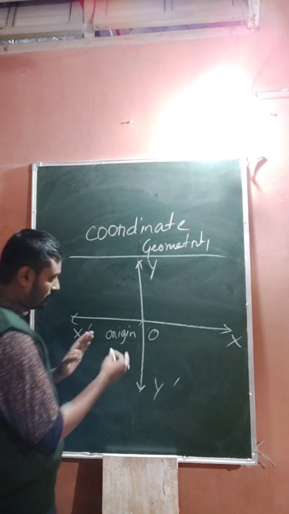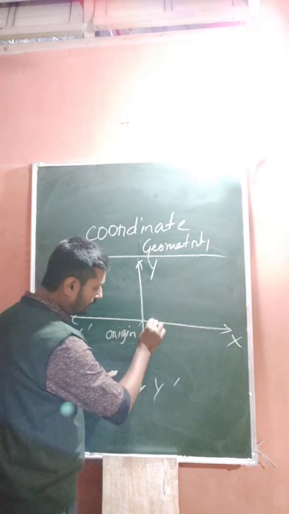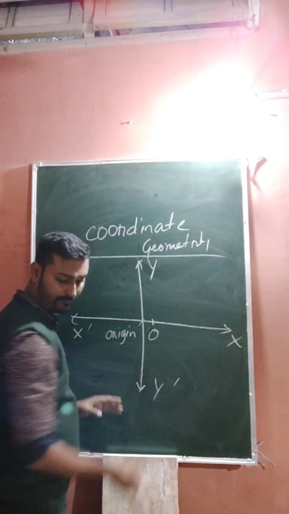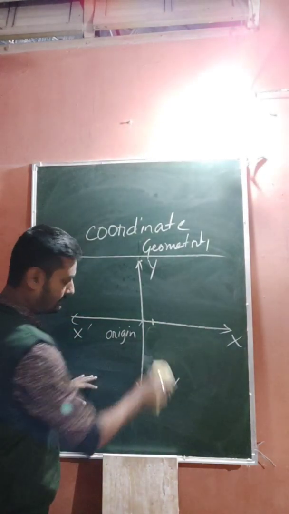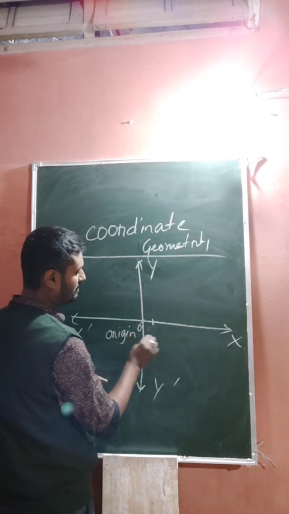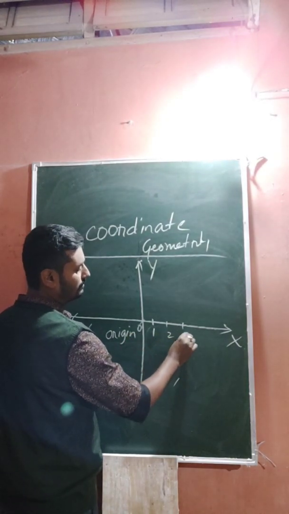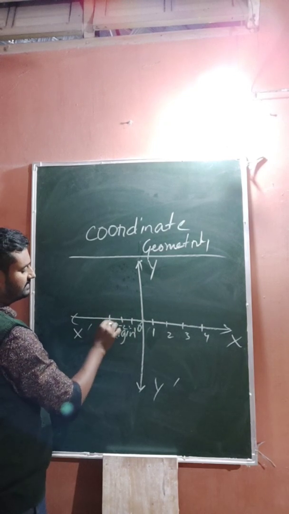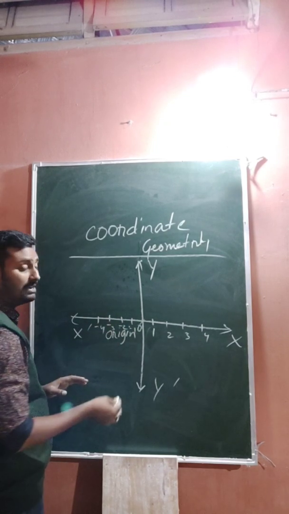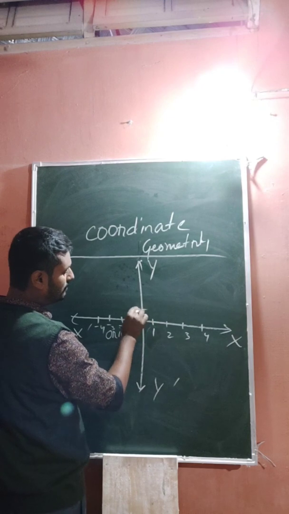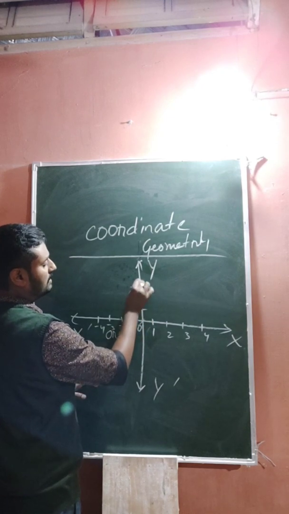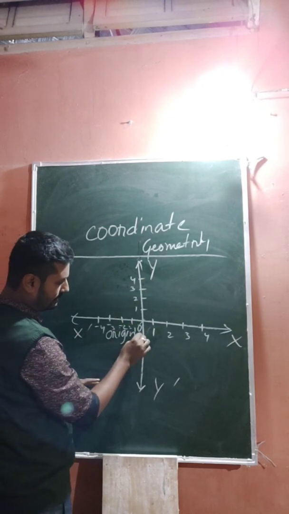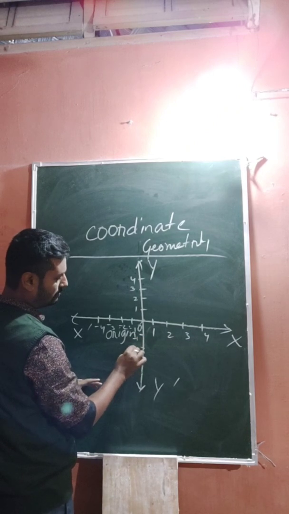Clear? I think all of you know that the value of x is positive on the right side, 1, suppose 2, 3, 4, and negative on the left side. Similarly, the value of y is positive on the upper part and negative on the lower part.